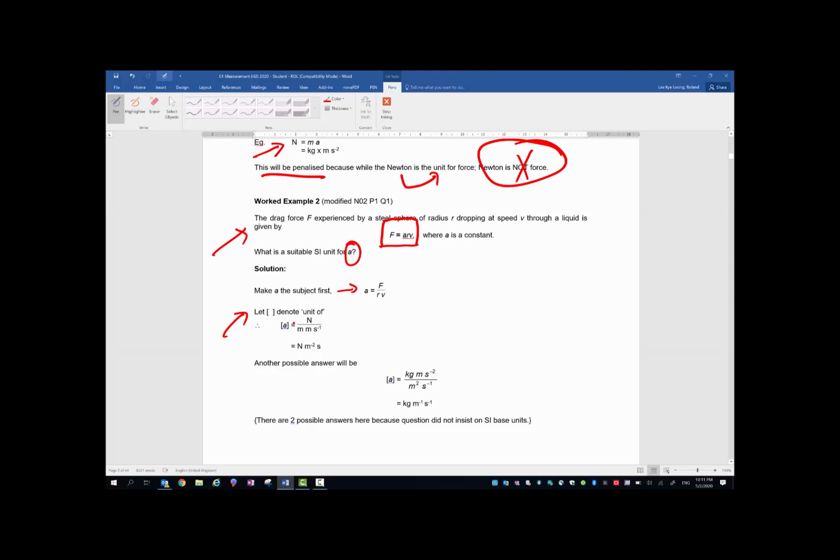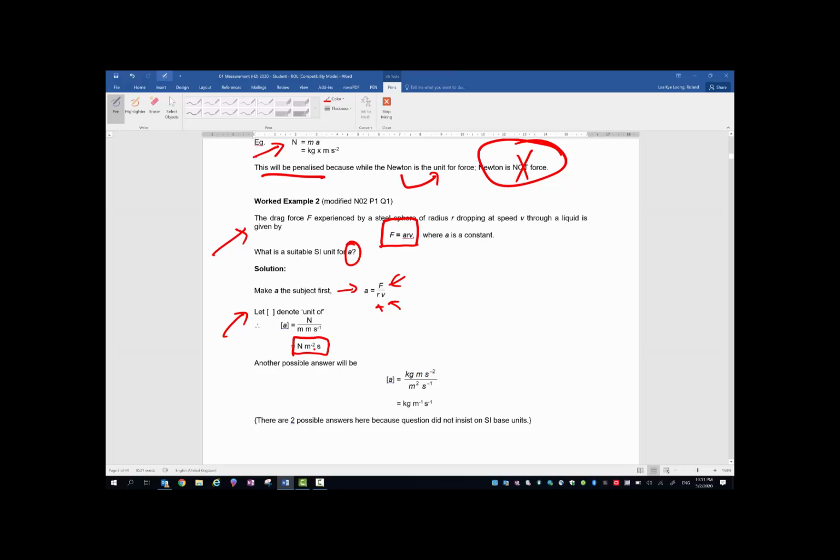So unit of A equals to Newton over Newton over meter and meter per second. Okay, because we are talking about unit of. So N is a unit, meter is a unit, meter per second is a unit. And therefore, the final answer is this: Newton per meter square second.